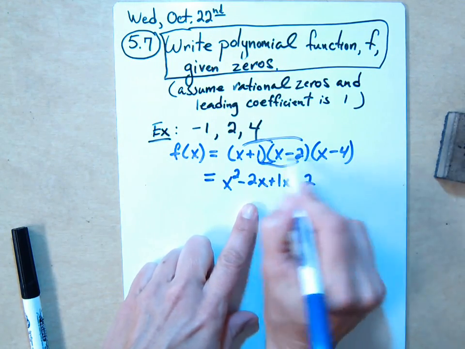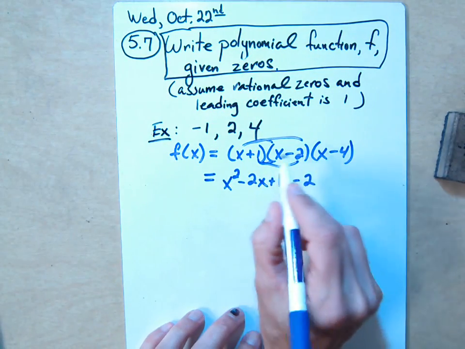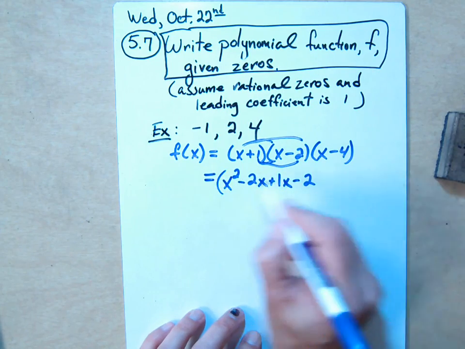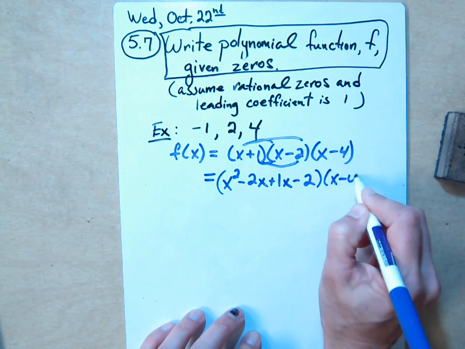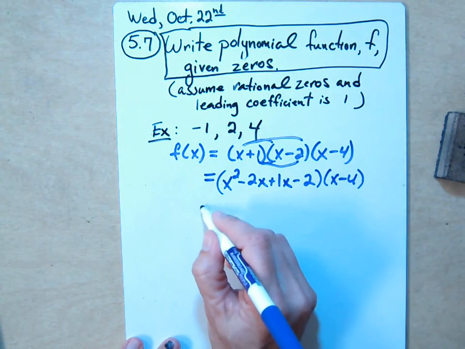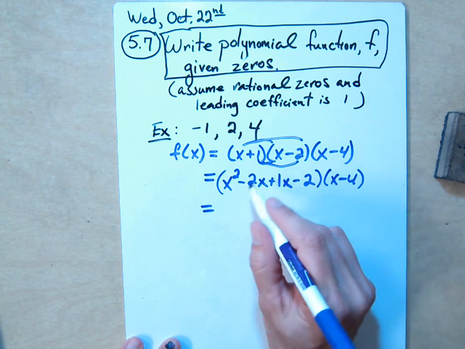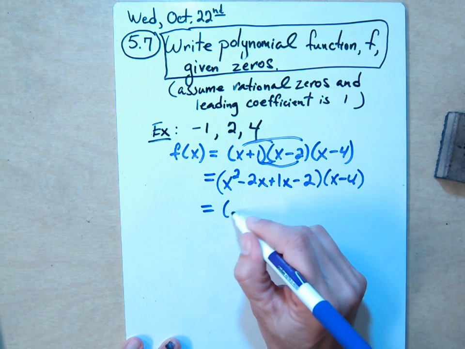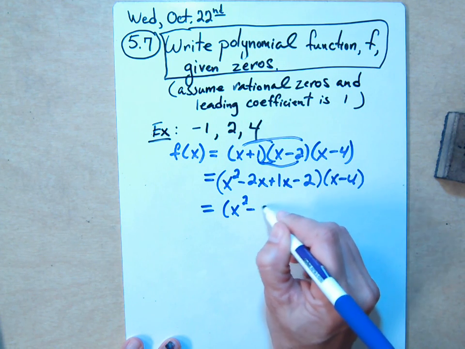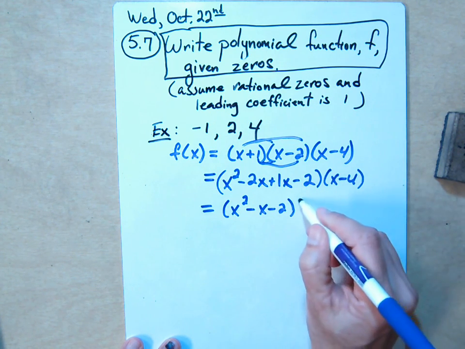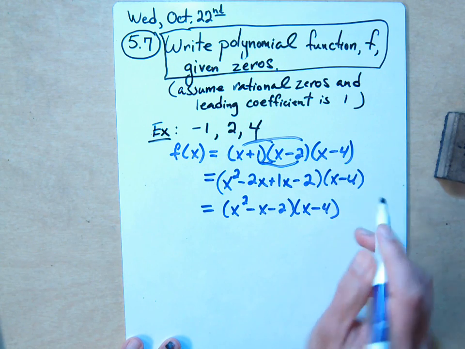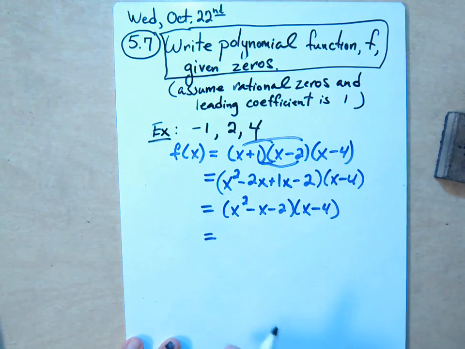So distributing, you get that when you multiply the first two together, times x minus 4. Okay, and then we're going to combine like terms to make it look nicer. So you get x squared minus x minus 2 and times x minus 4, and we still have to finish multiplying this out, and we'll get a third degree polynomial that we're going to say is our answer.